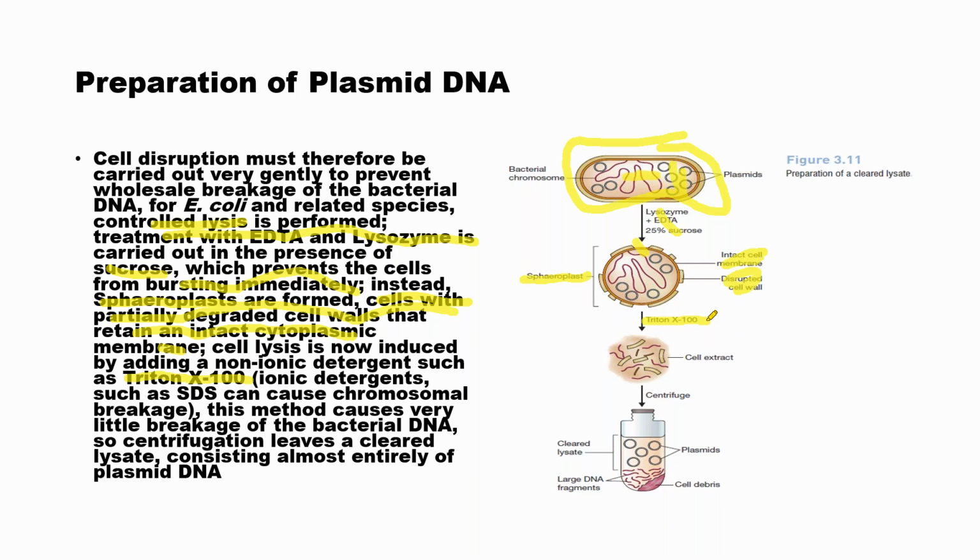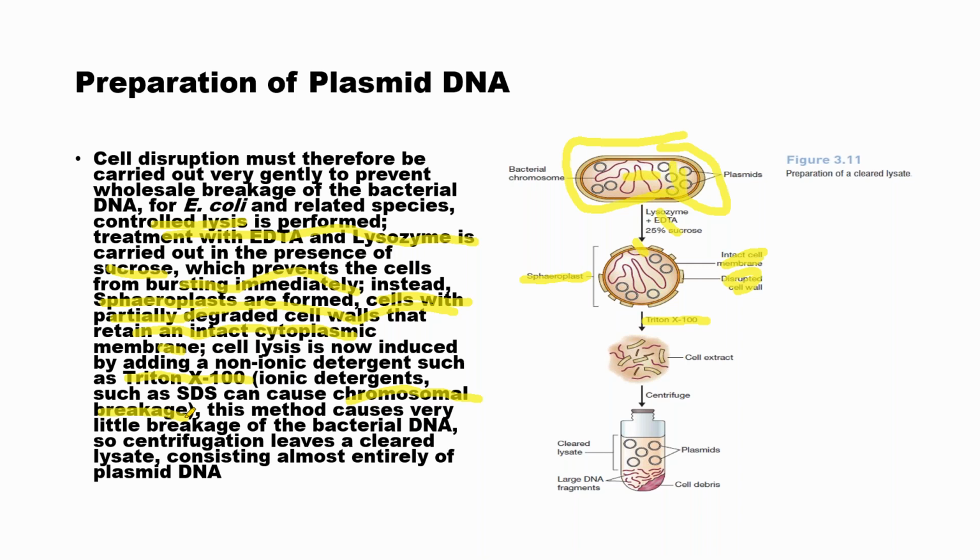Why are we using it? SDS was an ionic detergent, whereas Triton X-100 is a non-ionic detergent, because ionic detergents such as SDS can cause chromosomal breakage. If we use SDS here, there is a possibility that chromosomal DNA breakage may happen.